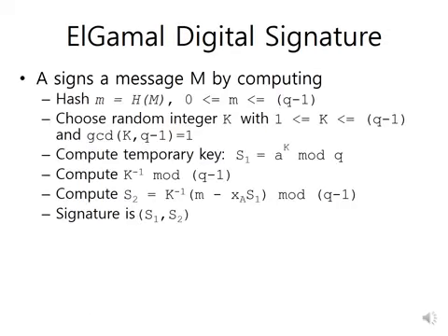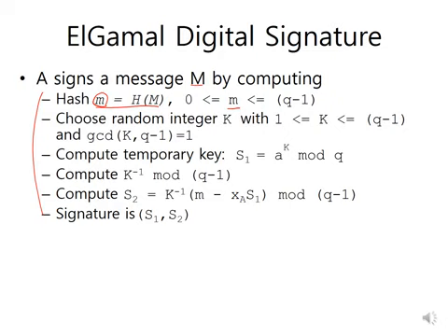This is the signature generation procedure. Let's suppose user A signs some message M, and then the following procedure is required. The first step is to generate the hashed value of M. So this is a condensing procedure using the cryptographic hash function H. And let's say this is the hashed value for the message M to be signed, and this will be generated between 0 and Q-1.